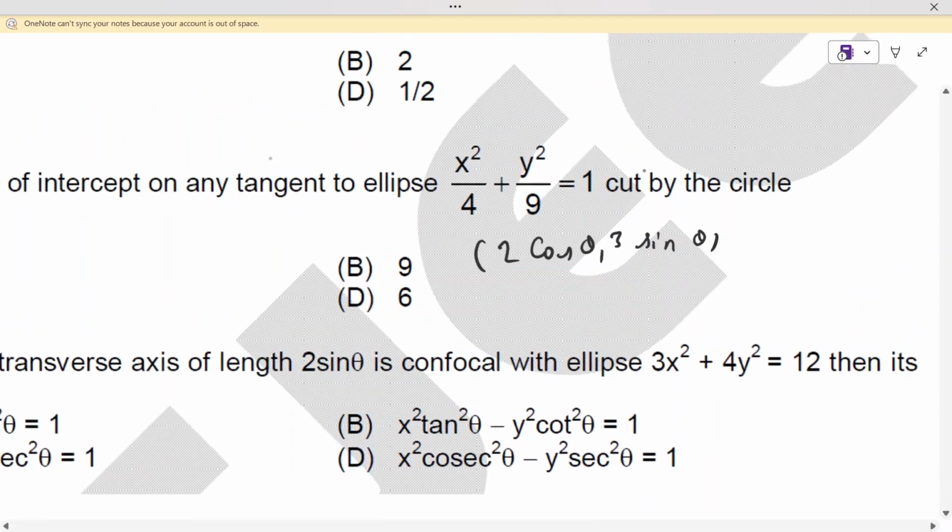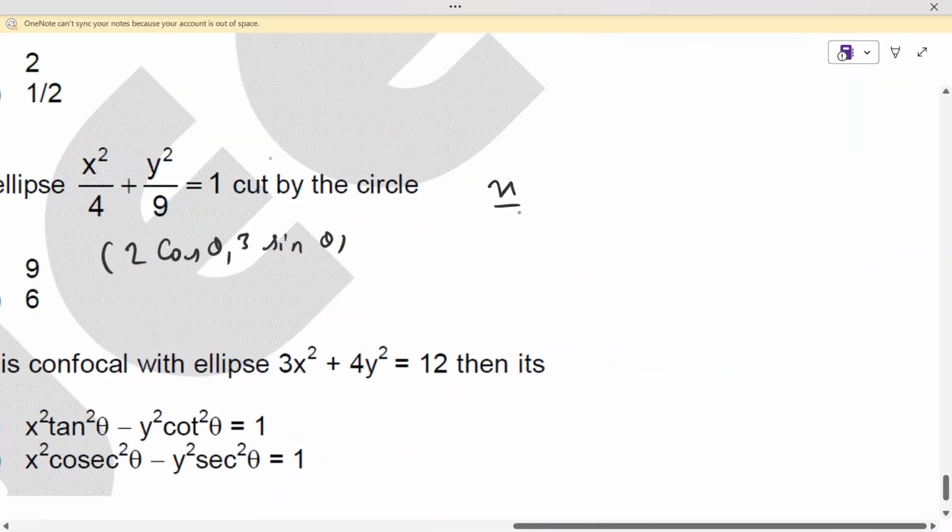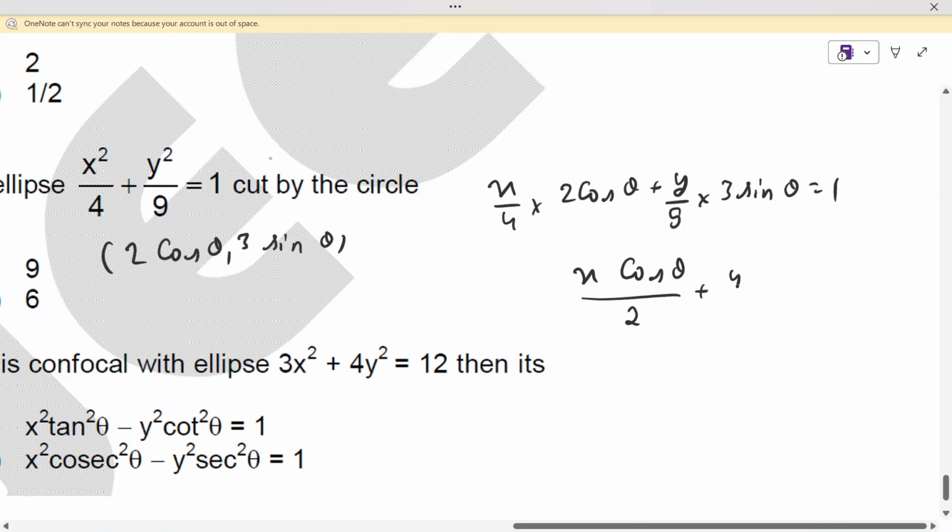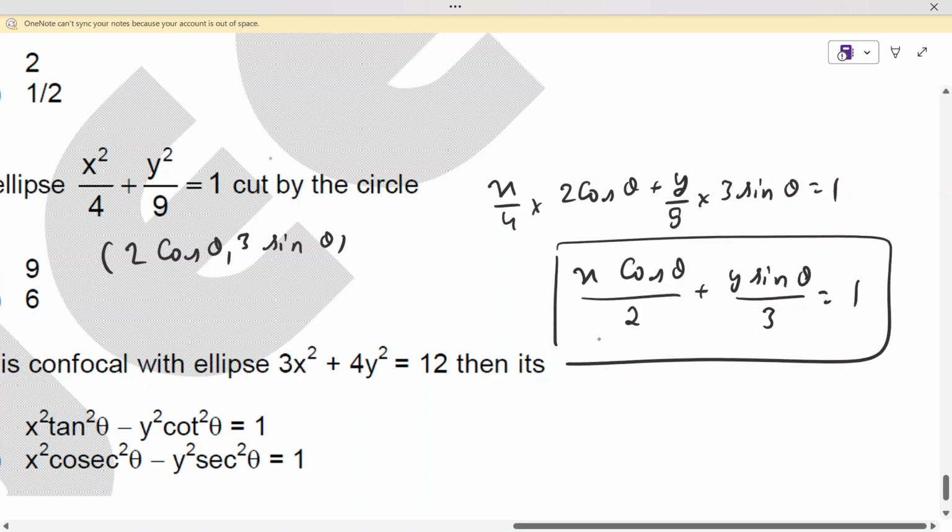Then I will write that as x by 4 into 2 cos theta plus y by 9 into 3 sin theta, which should be equal to 1. So we have x cos theta by 2 plus y sin theta by 3 equal to 1.